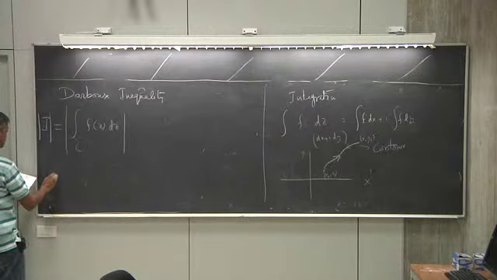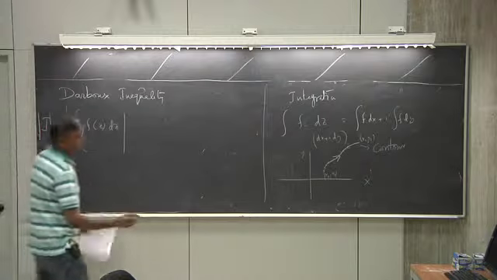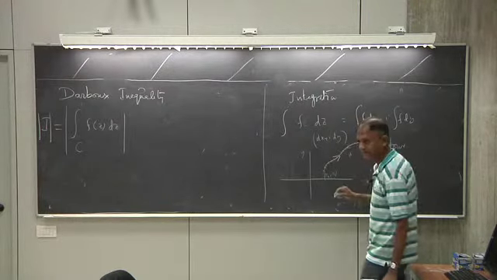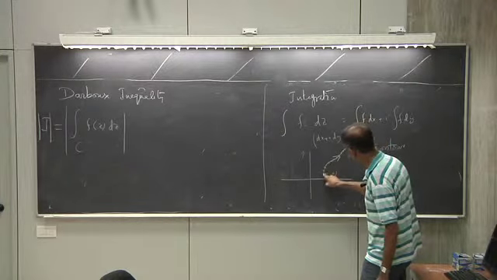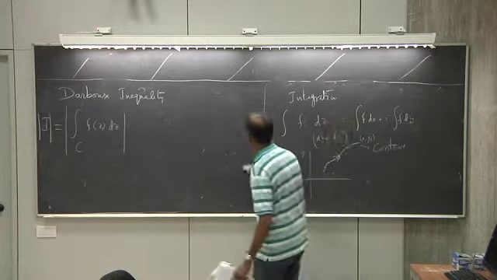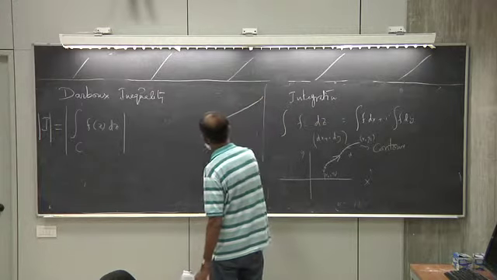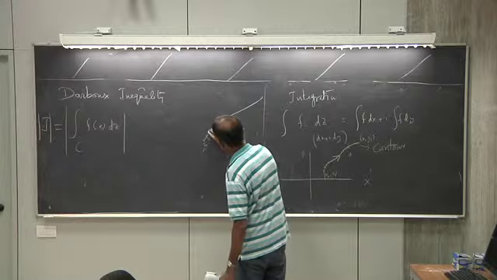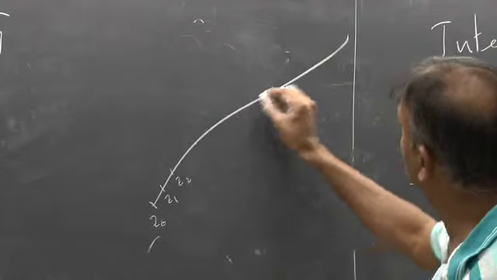definition. So what we did: let's say we divide this into n pieces. Let's draw it differently. So here is my contour. I start at z0, then you have z1, z2, all the way up to zn.